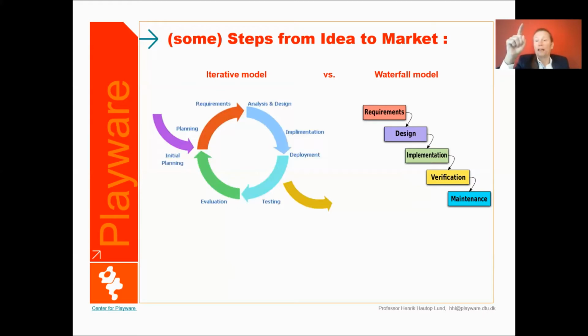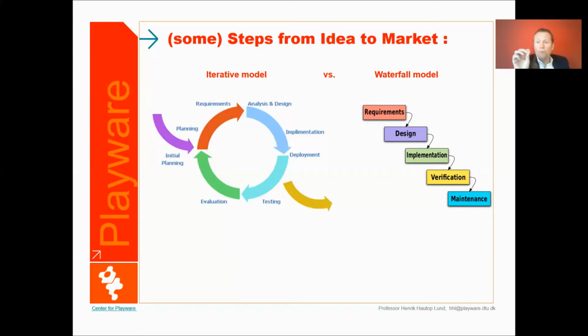Then you need to go back and repair the requirements, and then essentially you're back into the iterative model where you're circling around, and you're allowed to go back and change.